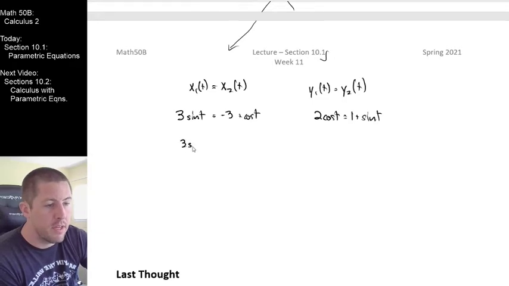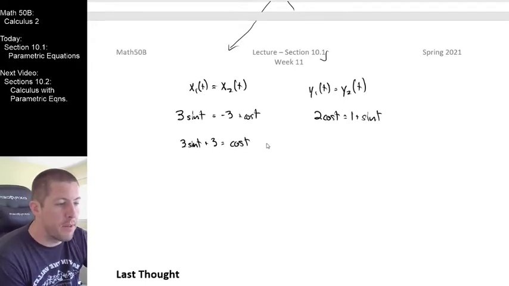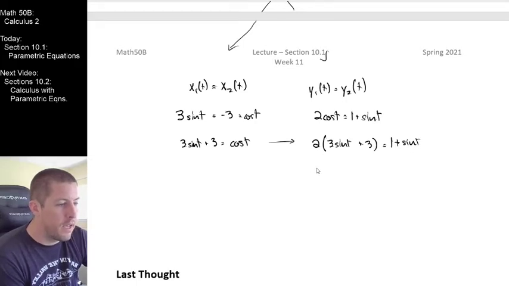So let's do 3 sine t plus 3 equals cos t. And now I'm going to go ahead and plug that in over here. So I'm going to get 2 times (3 sine t plus 3) equals 1 plus sine t. And that's going to give me 6 sine t plus 6 equals 1 plus sine t.